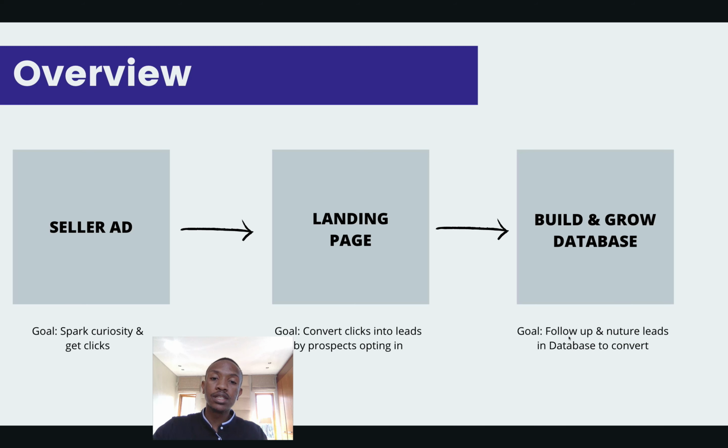So the whole point here is that you are going to be growing and building your database, so that if you have maybe about 100 seller leads in your database, you want to ensure that you're getting around 1,000 to 10,000. Because if you have 10,000 seller leads and you're nurturing them each and every single month, you best believe that you are going to start getting more and more of those seller leads to work with you, and then you start closing more deals and making a lot of money.